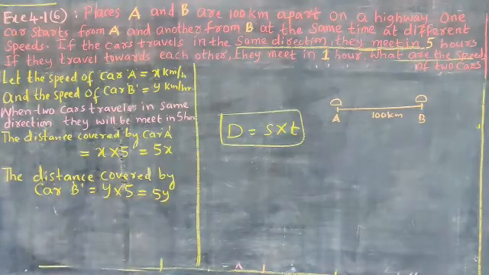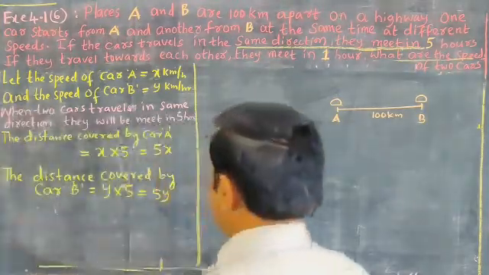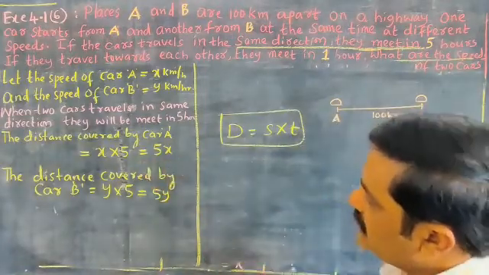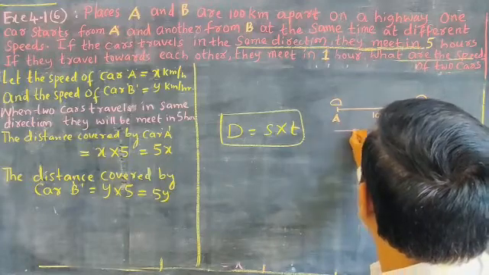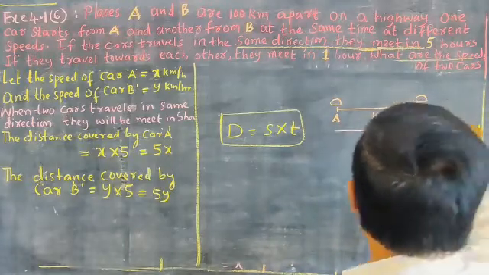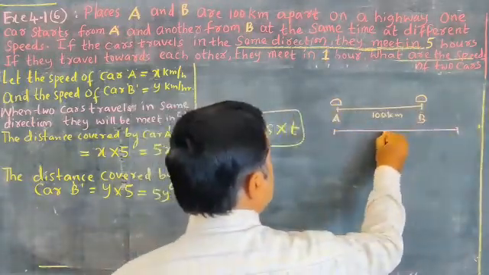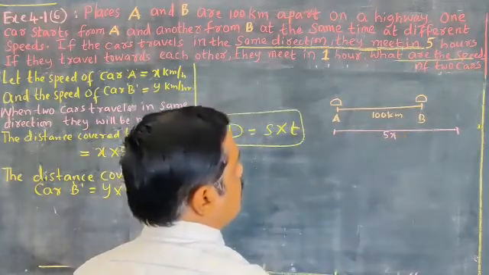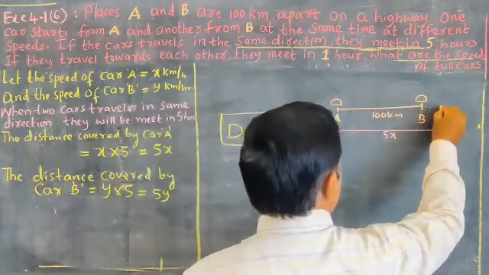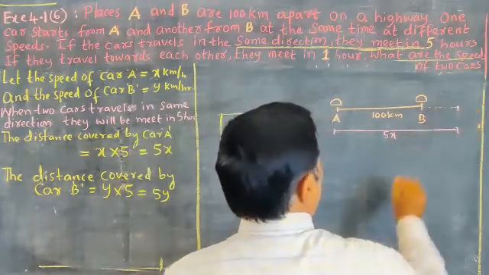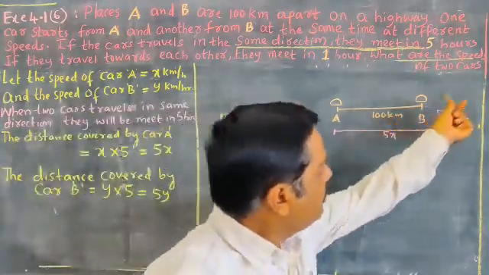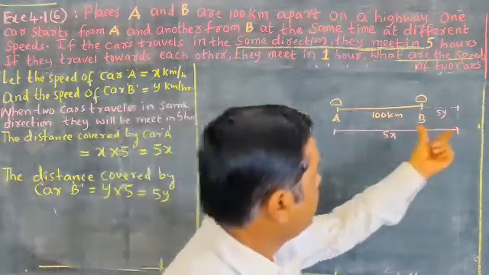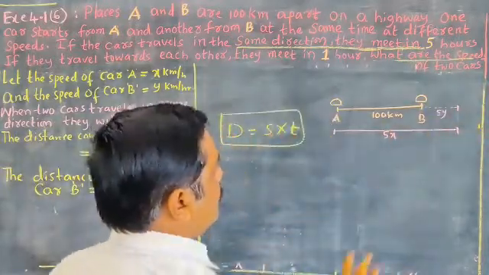Is it clear? Okay. Now check the figure once. How much distance is covered by car A from here to here? This much distance is covered, and we treat it as 5x. Car B, how much? From here to here, this is 5y distance. Car B traveled 5y kilometers and car A traveled 5x kilometers.